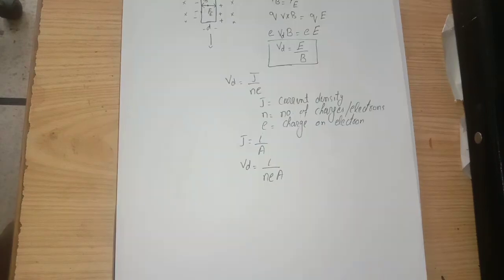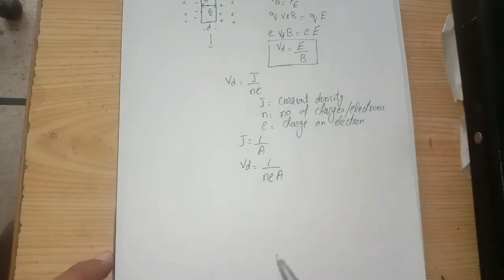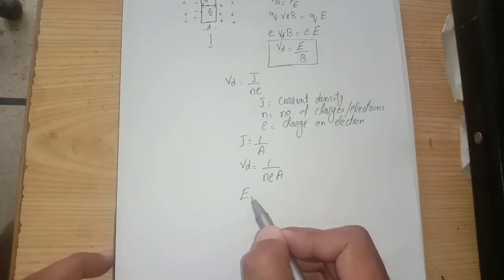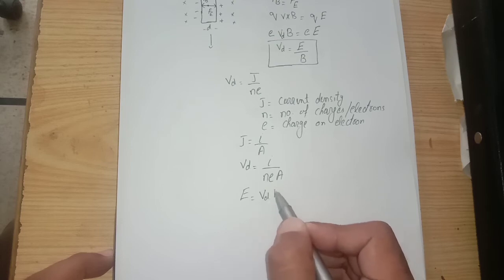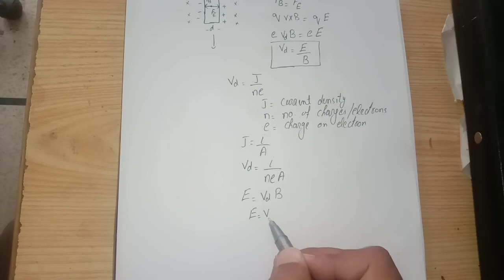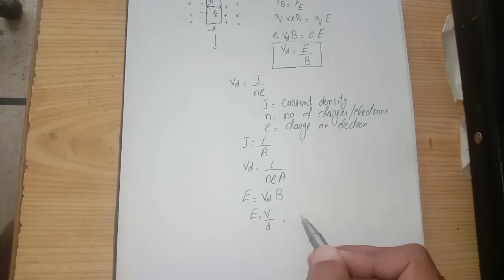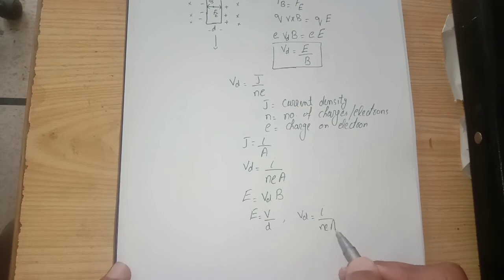Now if I again consider this equation in the form that E is equal to Vd times B, and I know this E from previous discussion to be equal to Hall potential difference per unit D, and I have just calculated this Vd to be equal to I over NEA.